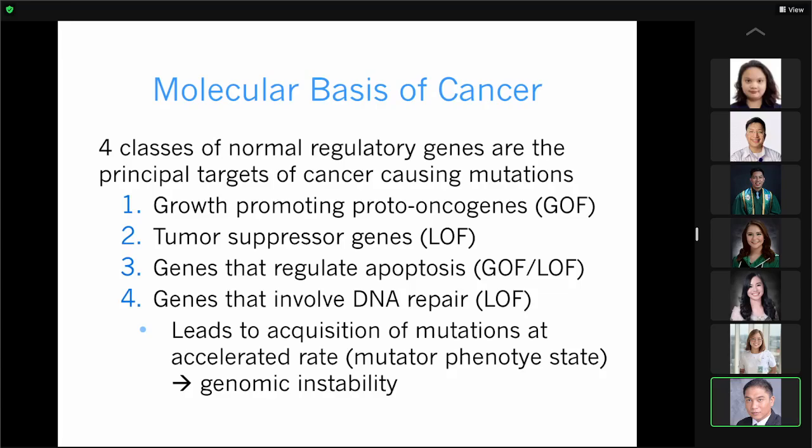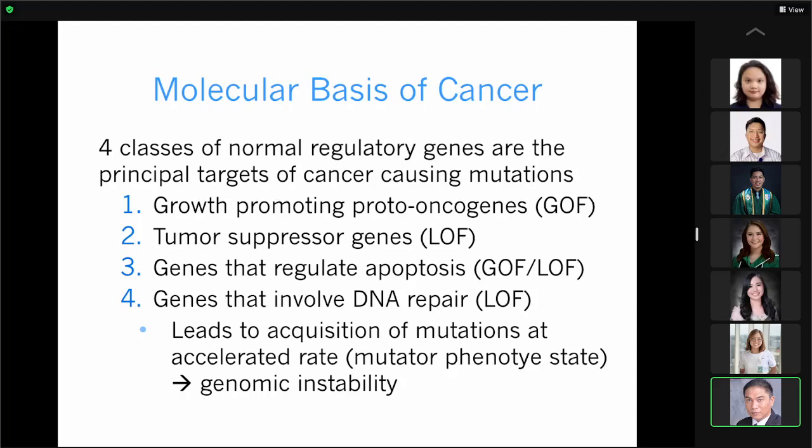So for proto-oncogenes, these are genes that encode for proteins that will promote the cell to proceed with the cell cycle, hence cellular proliferation. And so for this gene to participate in carcinogenesis, there must be a gain of function mutation. A mutated proto-oncogene is known as oncogene, and that oncogene will encode for oncoproteins.